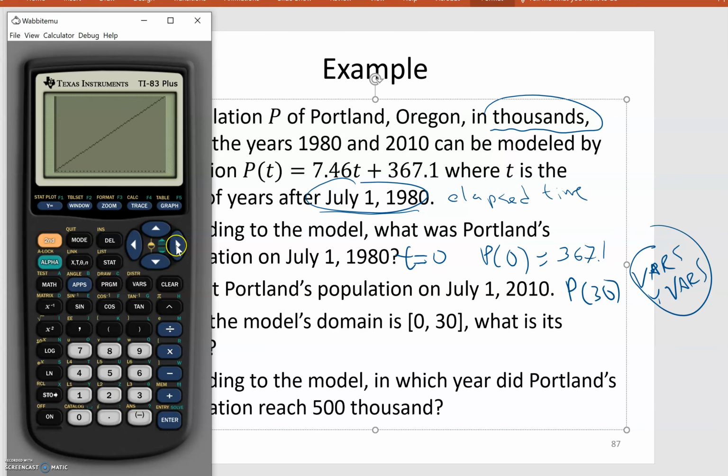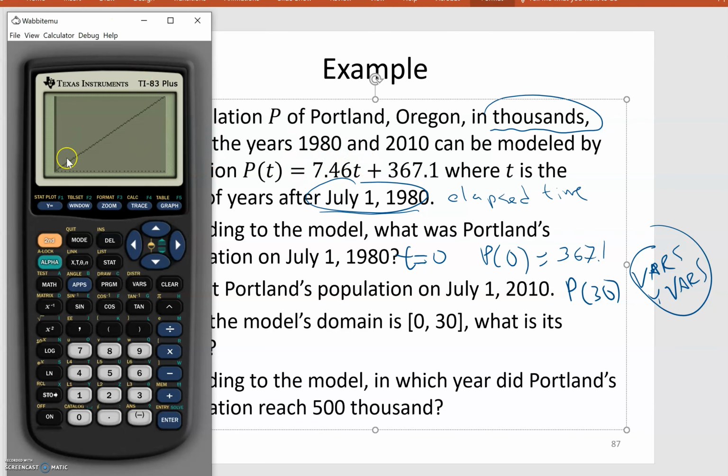So you can see that the model is sloping upwards. It has positive slope and it's increasing at a constant rate. That rate of increase, by the way, is 7.46 thousand people per year. That's just the slope of the function.